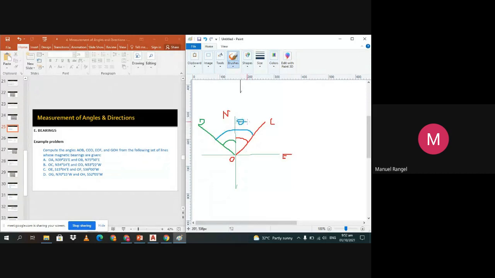So you just add these two angles, 34 degrees 14 minutes plus 53 degrees 22 minutes.